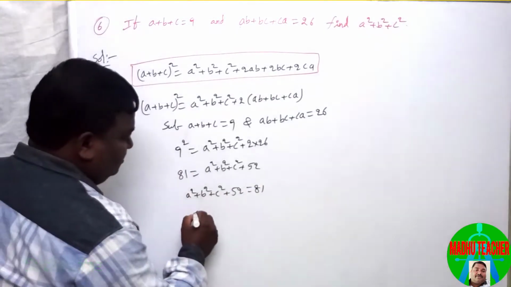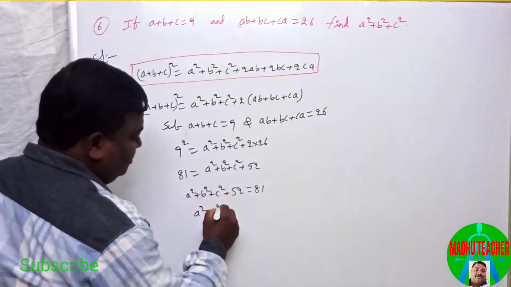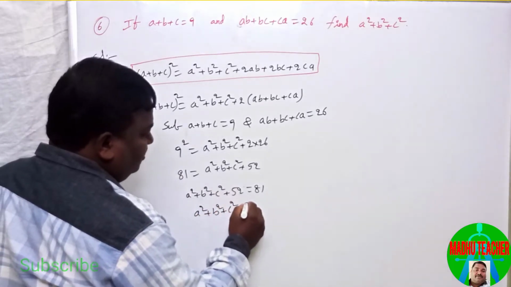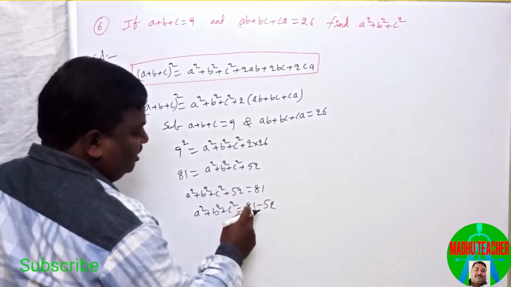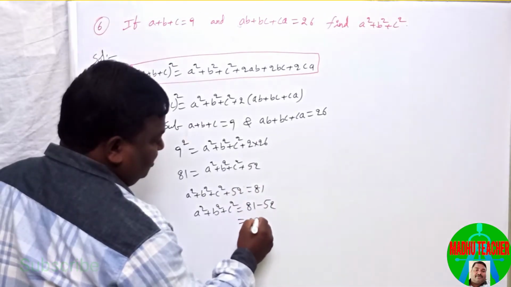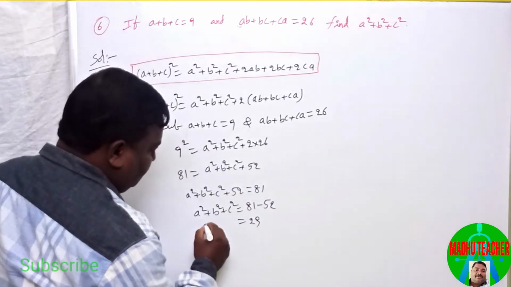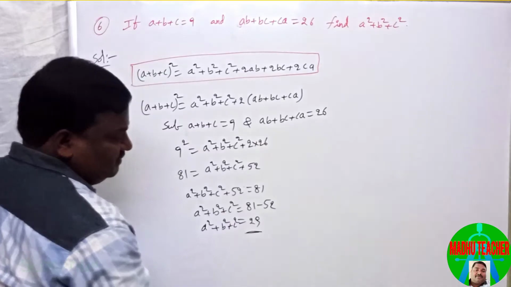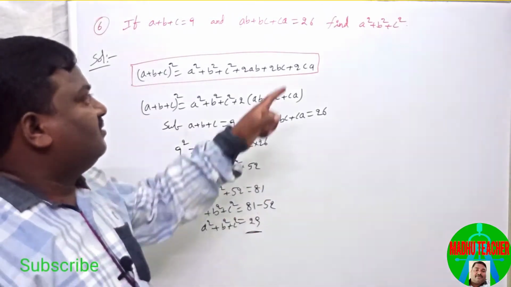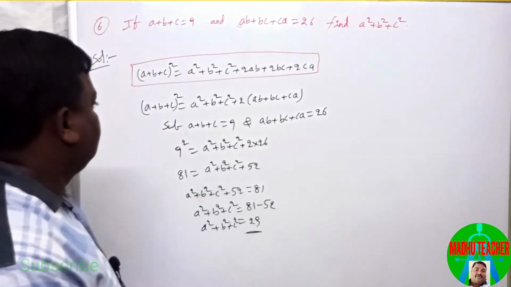Interchanged, a square plus b square plus c square equal to 81 minus 52. Transpose to right side, 81 minus 52, 29. That is a square plus b square plus c square equal to 29. That is the answer. Okay.